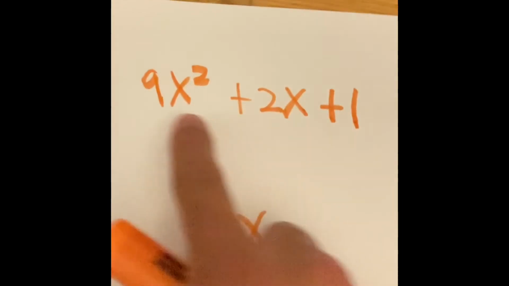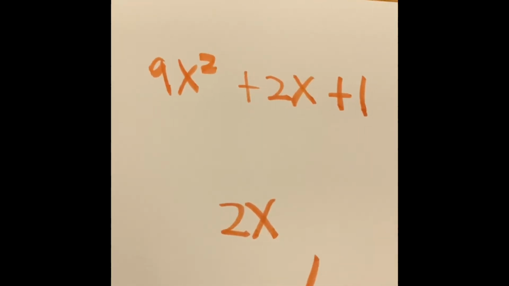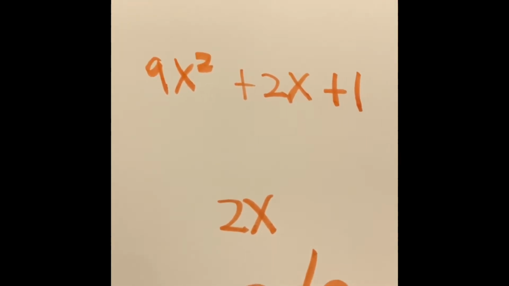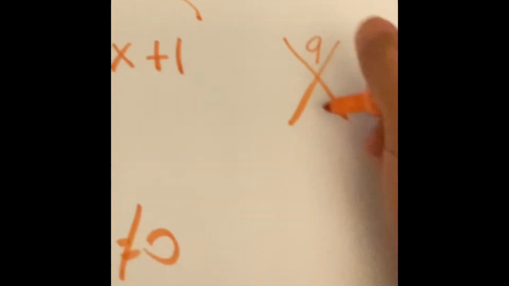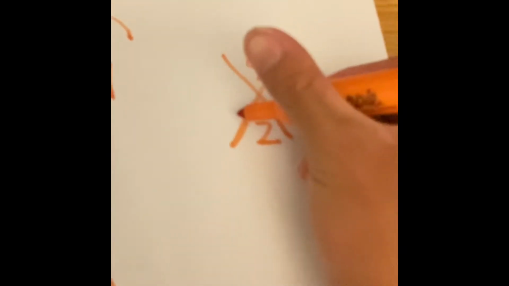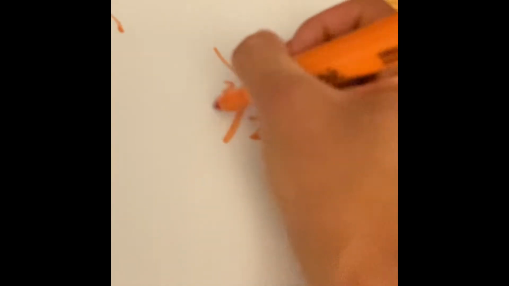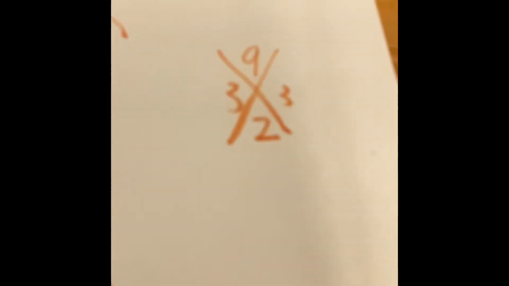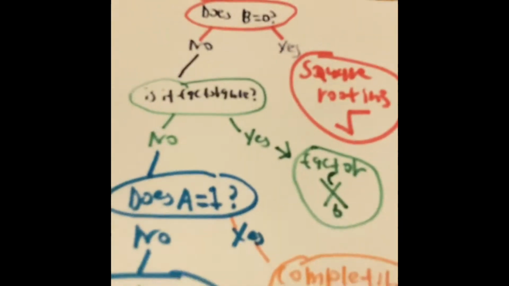In this case, if you divide everything by 9, it wouldn't work out well because you would have fractions. Not only that, if you use the diamond method and put 9 on the top, because you have to do 9 times 1, and put 2 on the bottom, what two numbers can multiply to 9 and add to 2? Well, 3 and 3 are the only numbers that multiply to 9, but they don't add up to 2. So factoring does not work either.